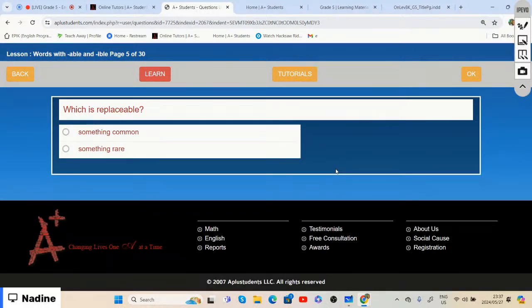Which is replaceable? Which is able to be replaced? Which can we replace? Something that is able to be replaced. Is it something common that we can replace any time, or something rare?